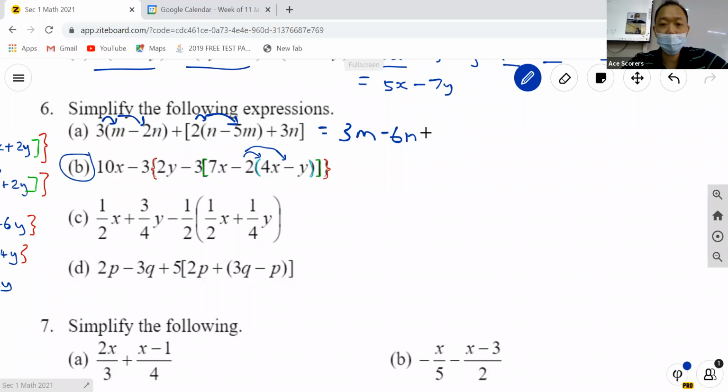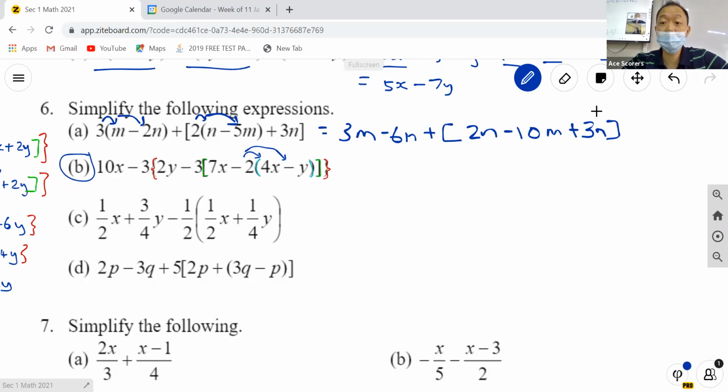Then over here, plus, just do the bracket: 2 times n, 2n, 2 times minus 5, minus 10m, then plus 3n. Okay, close bracket, like that.